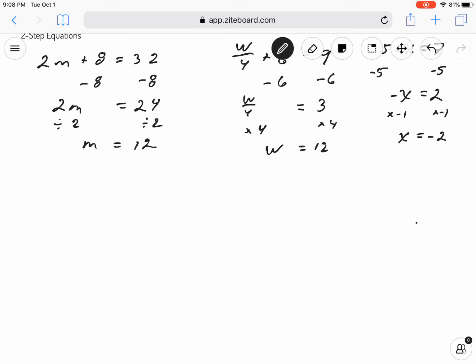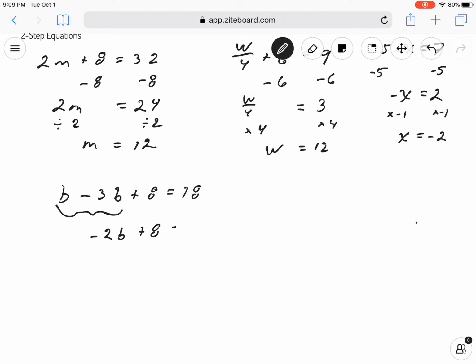Another possibility that we're going to run into is we might have to combine like terms first. So if we have, say, b minus 3b plus 8 equals 18. I want to combine the like terms on the same side of the equation first. So in this case, I have b minus 3b. So that's minus 2b.